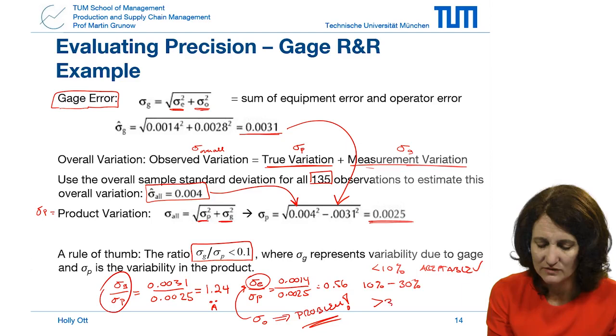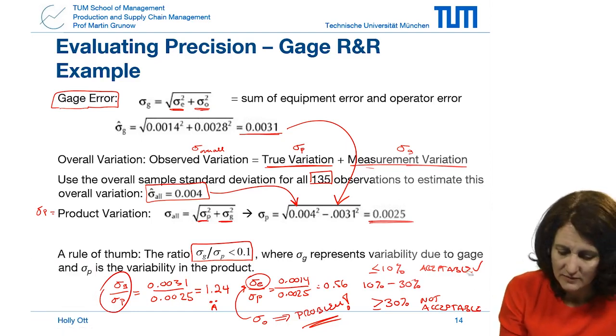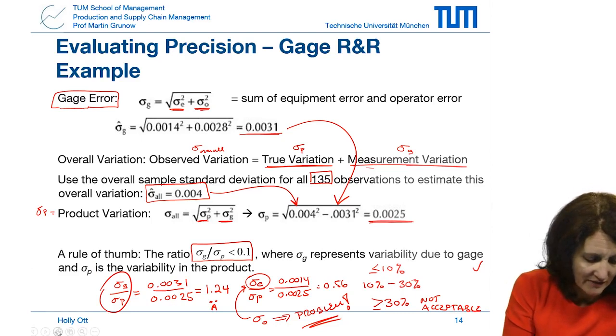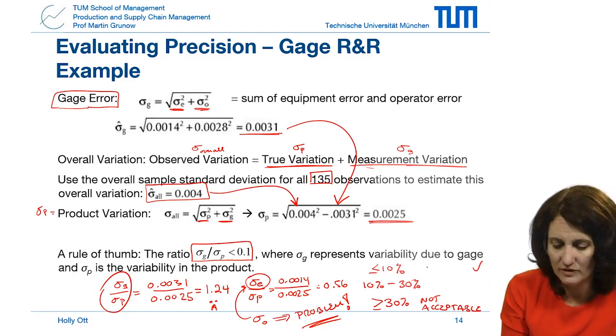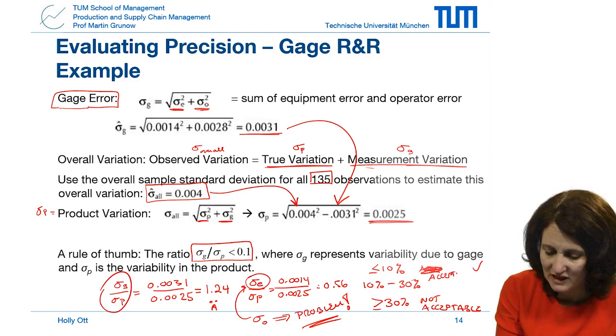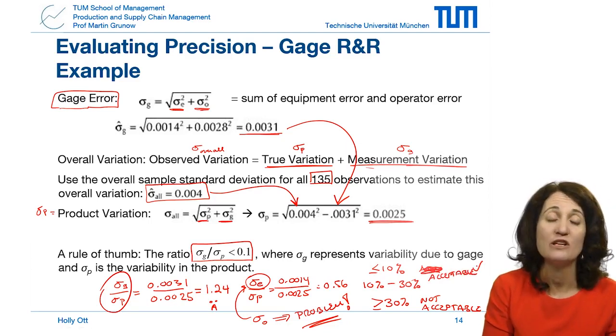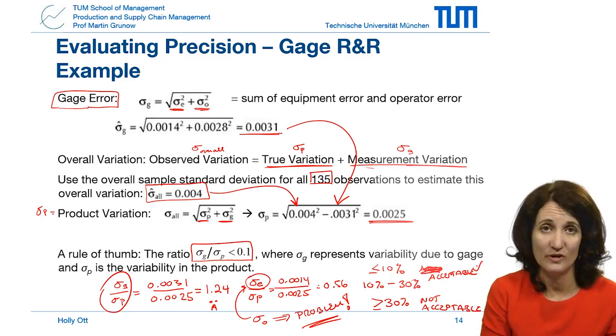But if this ratio is greater or equal than 30%, then this is not acceptable. If you make your measurements using this system, then you're going to get values that are not useful for you. If it's over 30%, it's not acceptable, and you need to improve your measurement system before you go on.